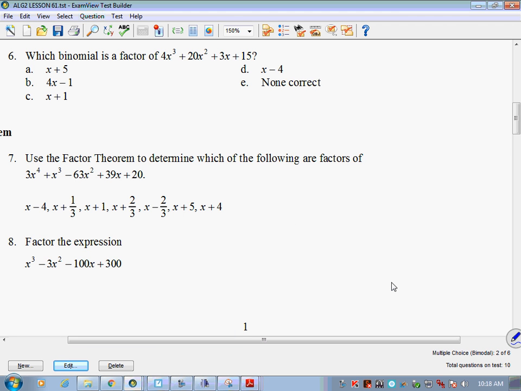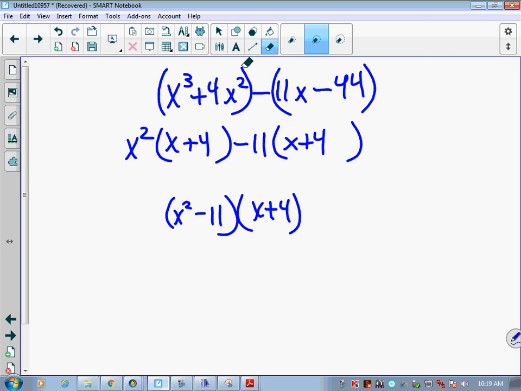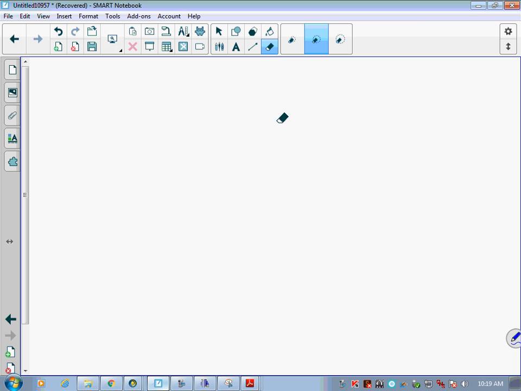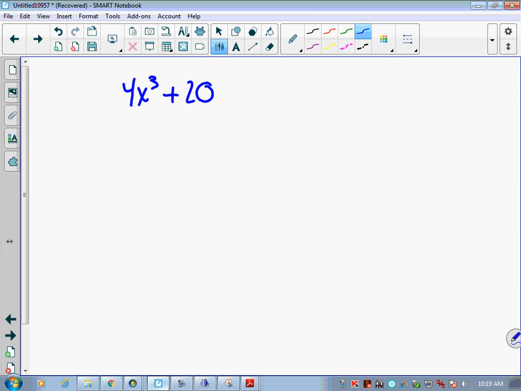Which binomial is a factor on 6? We can do the same thing again. Are we getting a little bit better at this? Kind of rinse and repeat. We've got 4x cubed plus 20x squared plus 3x plus 15.